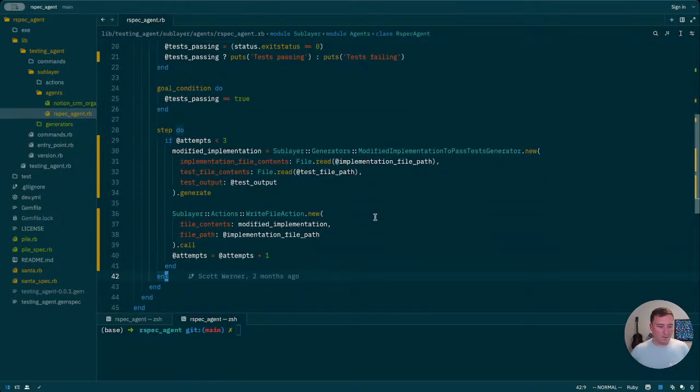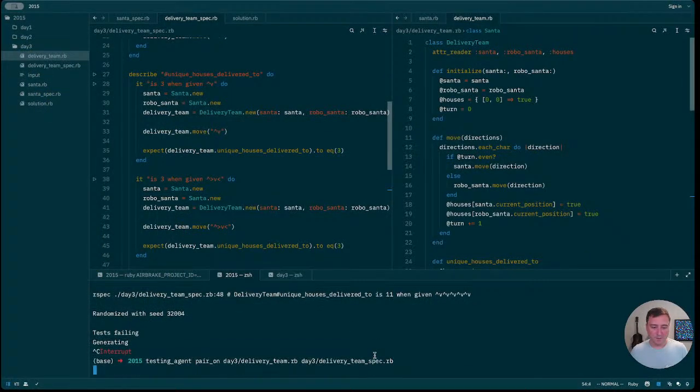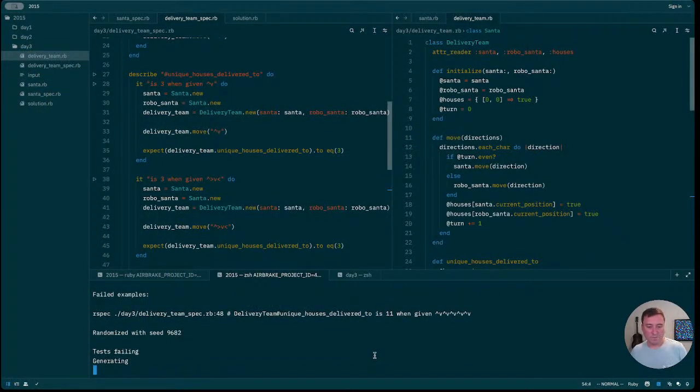And then let's see, do I need to rebuild or will that just work? One, two, 3, 4.